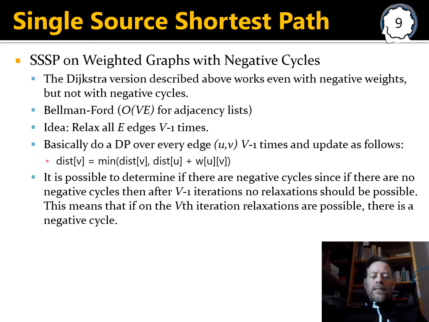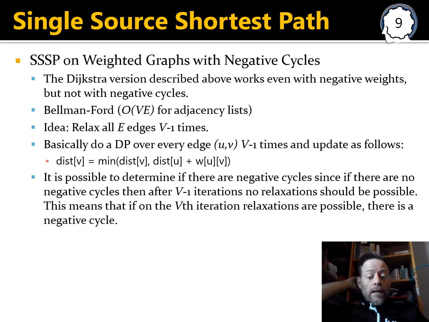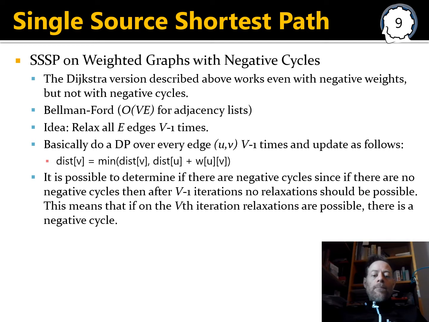If there are negative cycles, then we need to use Bellman-Ford, which is basically a dynamic programming-based approach, where we relax all the edges V minus 1 times. So we do a DP over every edge and update the distance as the distance to go either directly to this node v, or visiting some intermediary node u.